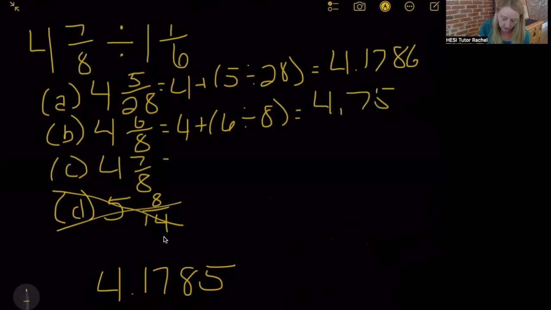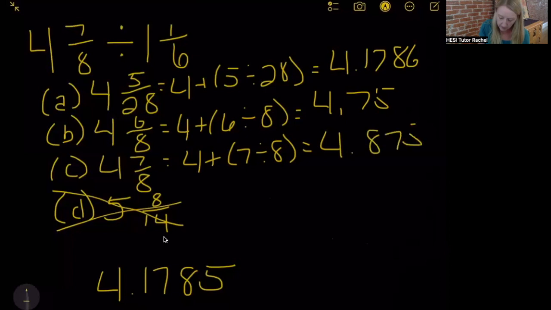And then the last one, 4 plus 7 divided by 8. We'll start with 7 divided by 8 plus 4 equals 4.875. Okay, so also not very close. So that first one, super close.